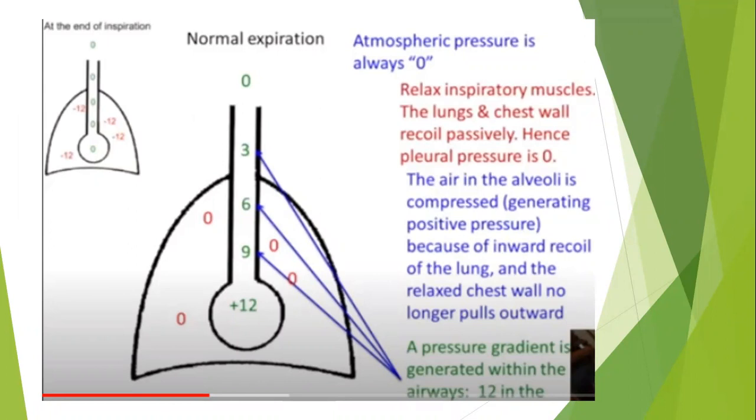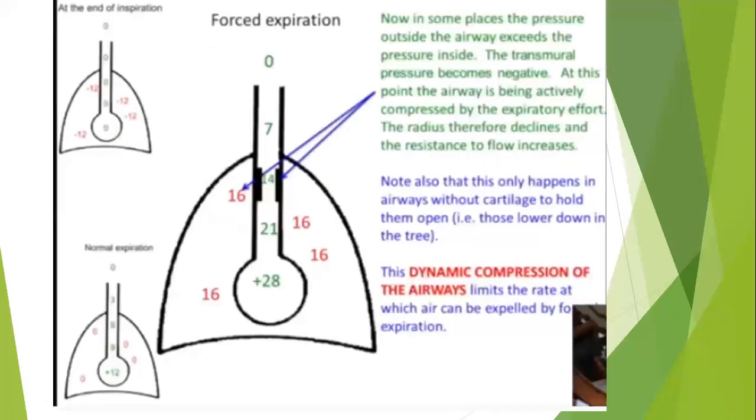But within the pleura, the pressure is 0 because expiration is a passive process, so there won't be any pressure exerted there. When you calculate the transmural pressure, it is still pressure in minus pressure out. So 12 minus 0 is still 12, which means the airway remains open. Next slide.